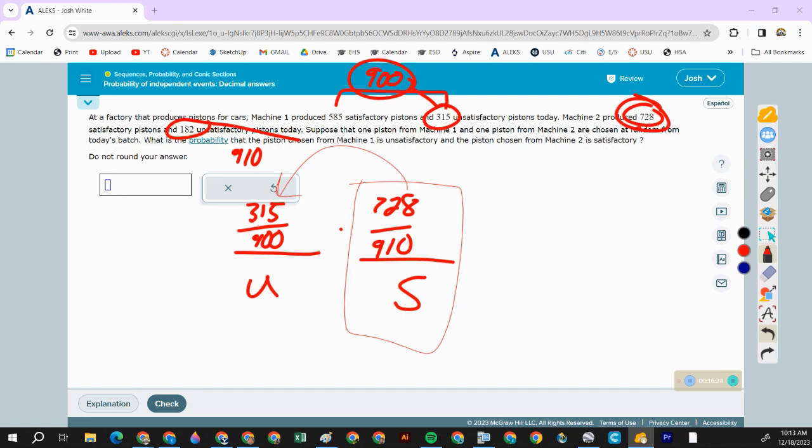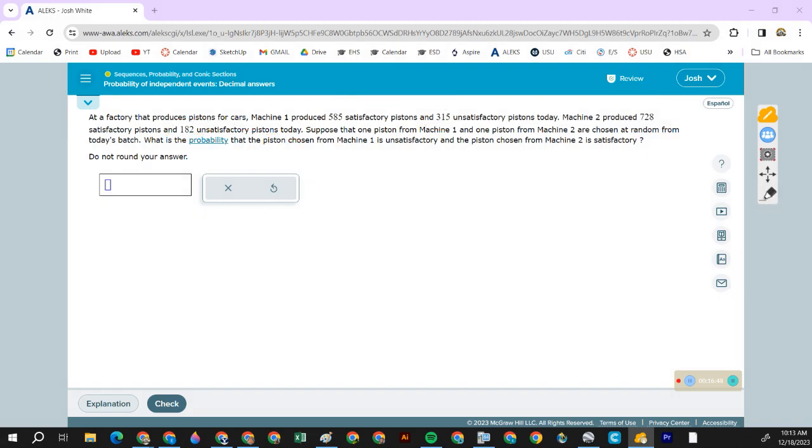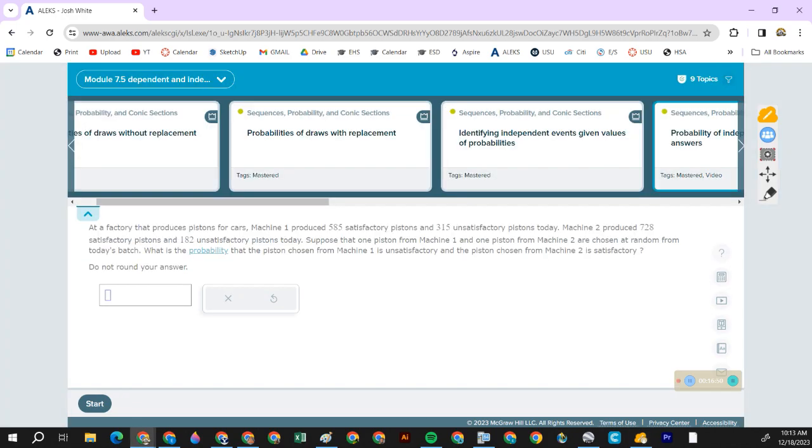No. Machine 2 has nothing to do with machine 1, so these would be independent. So you would just multiply that out: 315 times 728 divided by 900 divided by 910. And I get 0.28. So you have a 28% chance of that happening.